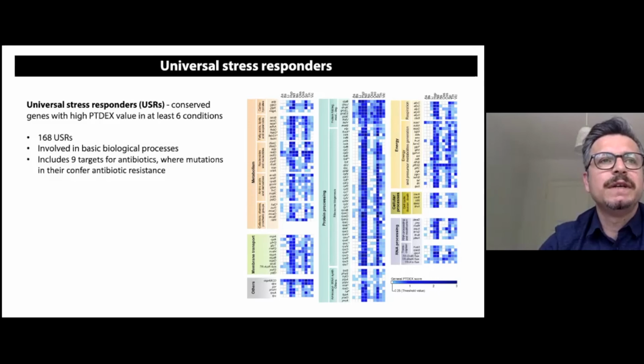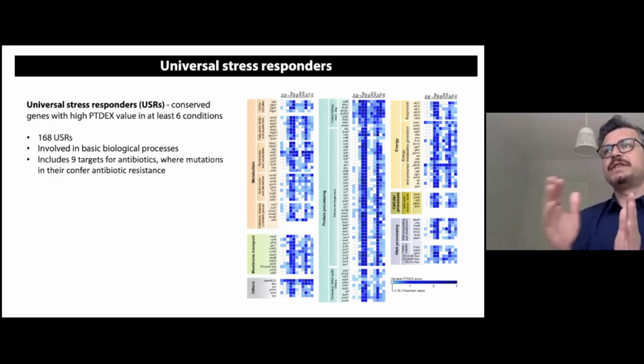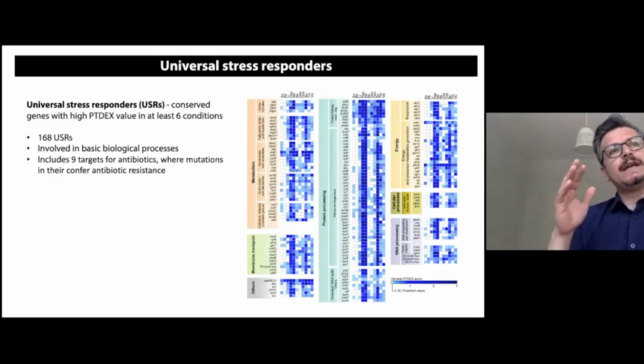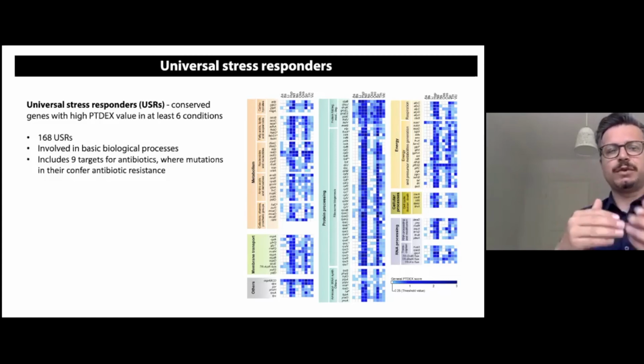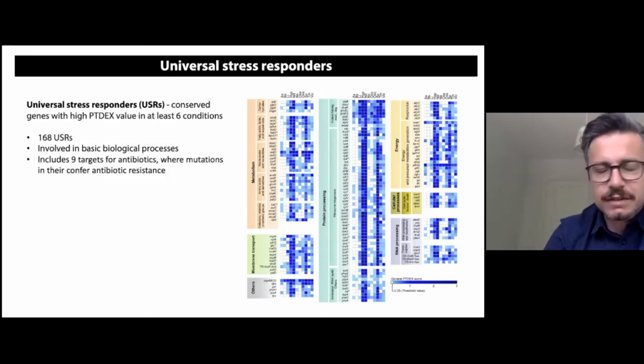And then we looked at the gene groups that have high PTDX scores in at least 6 of those stress conditions. And we looked for the genes that are conserved in gram-negatives and gram-positives also. And we found, and we call those genes, universal stress responders.